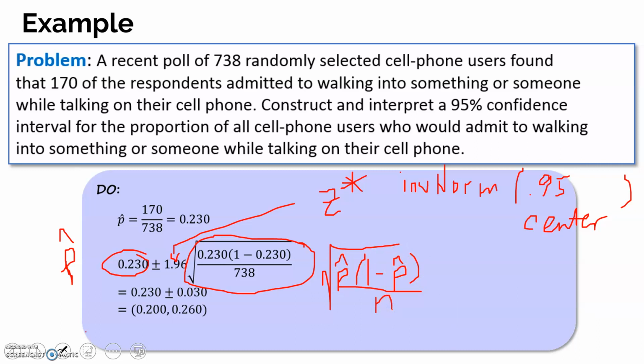All right, so if all that's done correctly, you have your p hat of 0.230 plus or minus, again, this is all called the margin of error of 0.030. And when we add that to our point estimate and also subtract, we get our interval right down here of about 20% to 26%, 0.200 to 0.260.